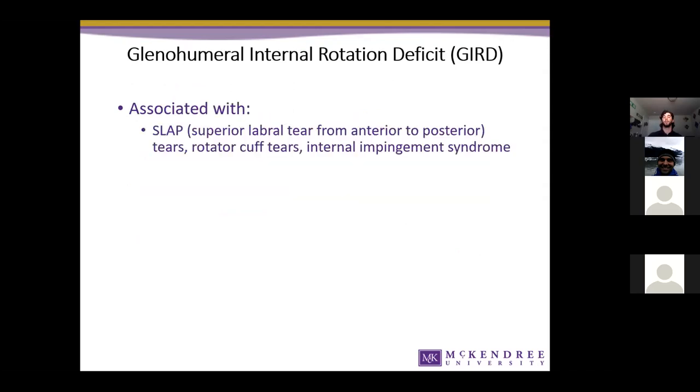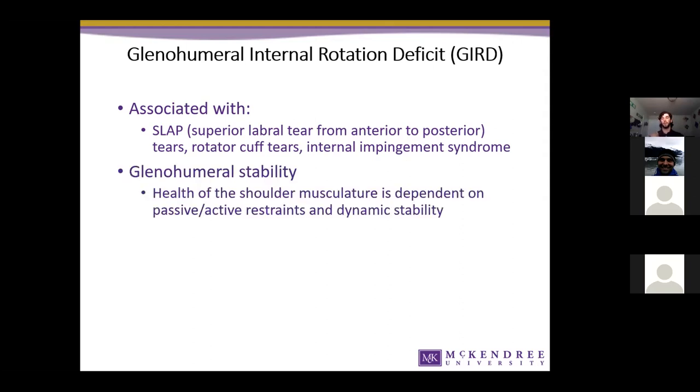So GIRD is always associated with SLAP tears, rotator cuff tears, and internal impingement syndrome, all of which have to do with the glenohumeral capsule, which is your shoulder capsule. The stability is very, very important.